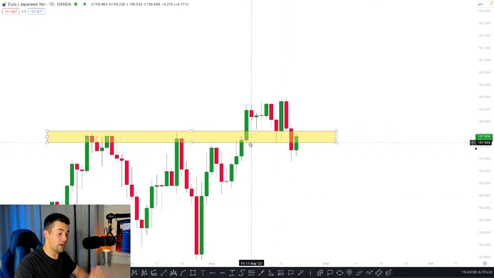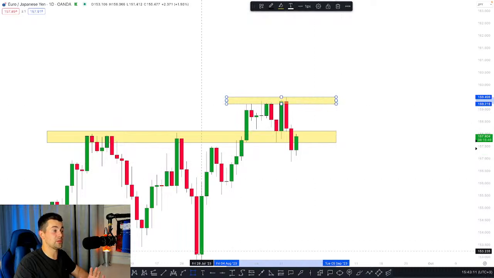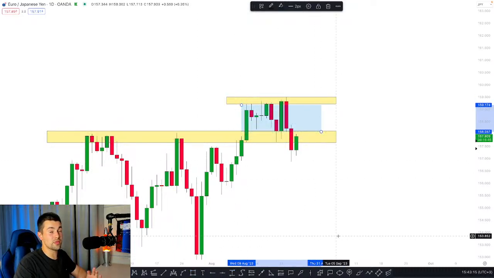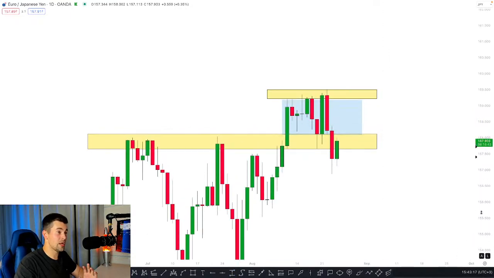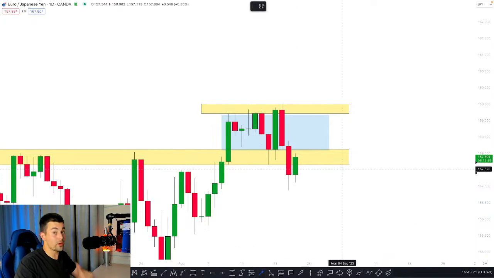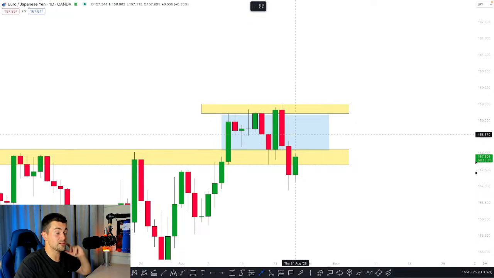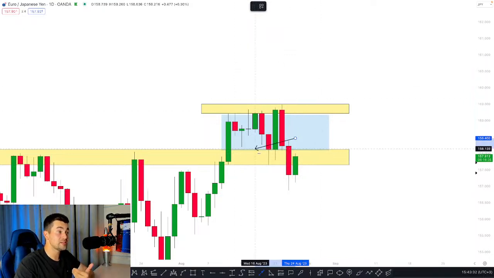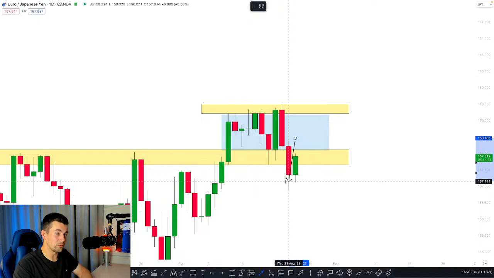Then after the breakout, the market started to consolidate, and you can see that Euro Yen started to trade within that horizontal range. And even though the trend still remains bullish, for some reason, instead of breaking the resistance of the range and going higher, Euro Yen violated the support of the range.